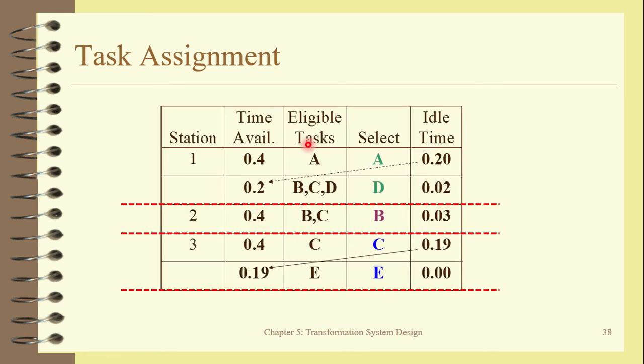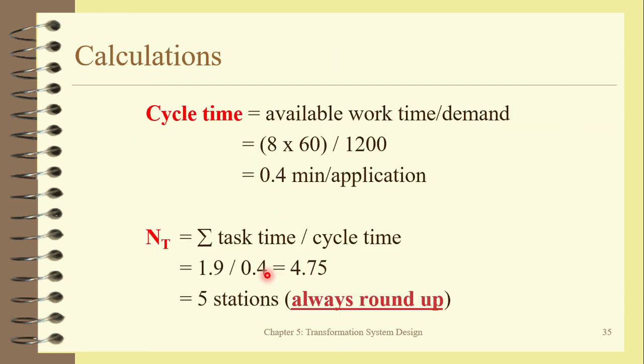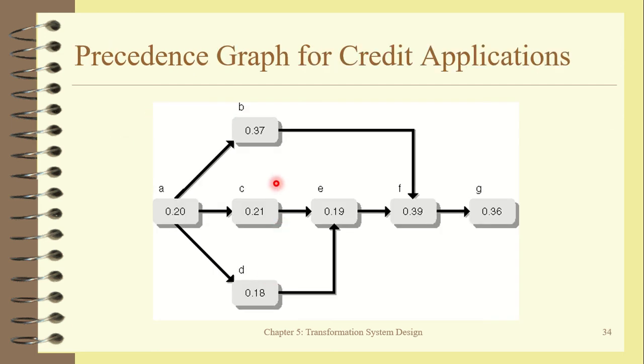So the eligible task is C. Select C. When you select C, the remaining time of the workstation is 0.4 minus 0.21, which is 0.19. 0.19 will be moved to available time. And then once you add task C in workstation number 3, right?